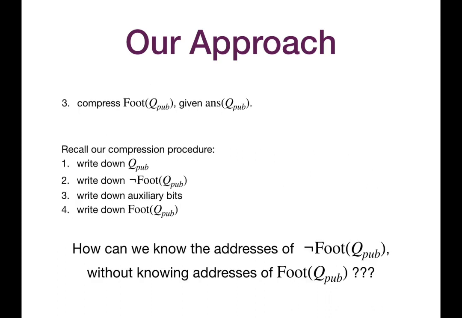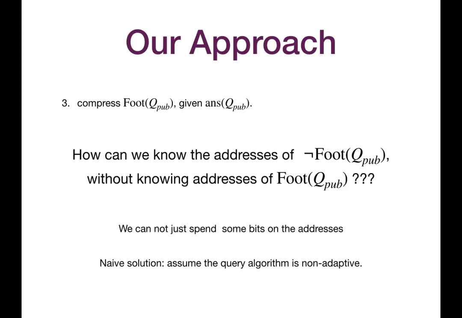Finally, the last step. Recall our compression procedure. After the first step, we write down all the cells which are not probed by QPUB. To make it happen, we have to know the addresses of the cells probed by QPUB. We cannot just write the addresses down, because the query algorithm is fully adaptive.